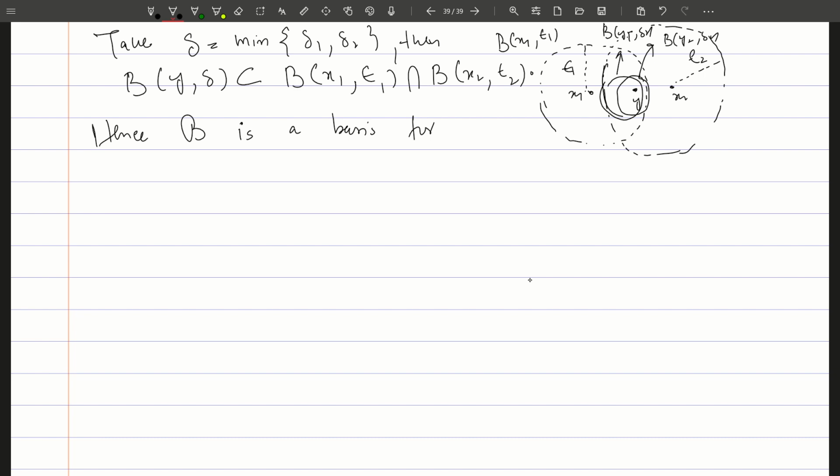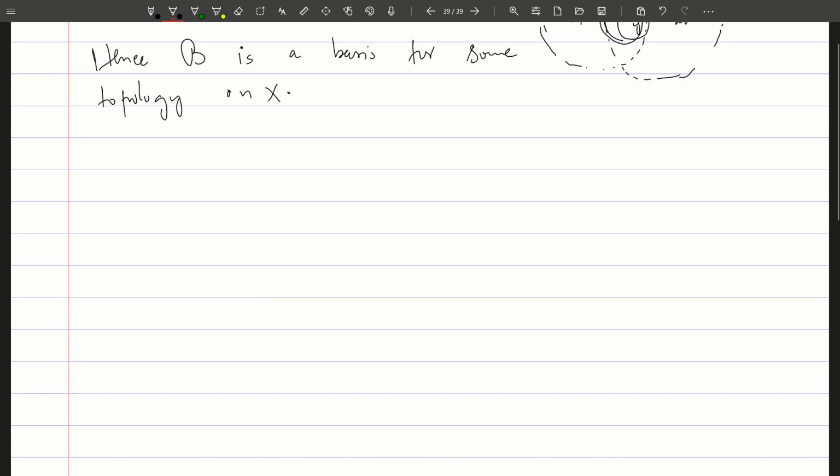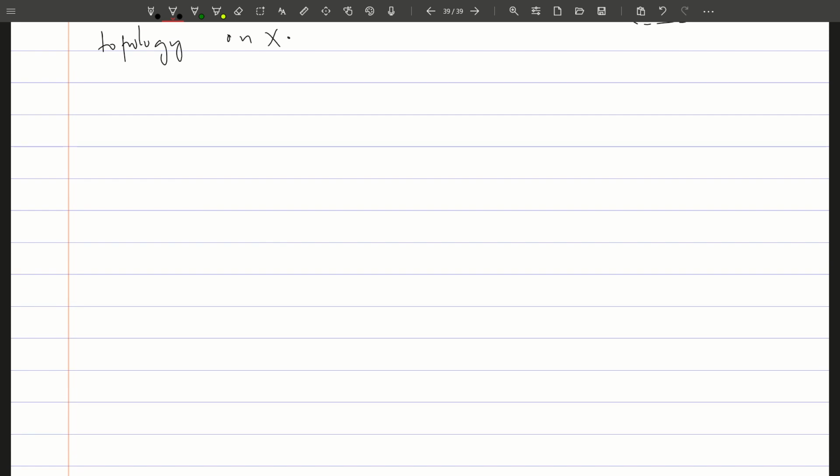So that's a basis for some topology on X. Now we can rephrase the definition of the metric topology as follows. Let us call this a short lemma.